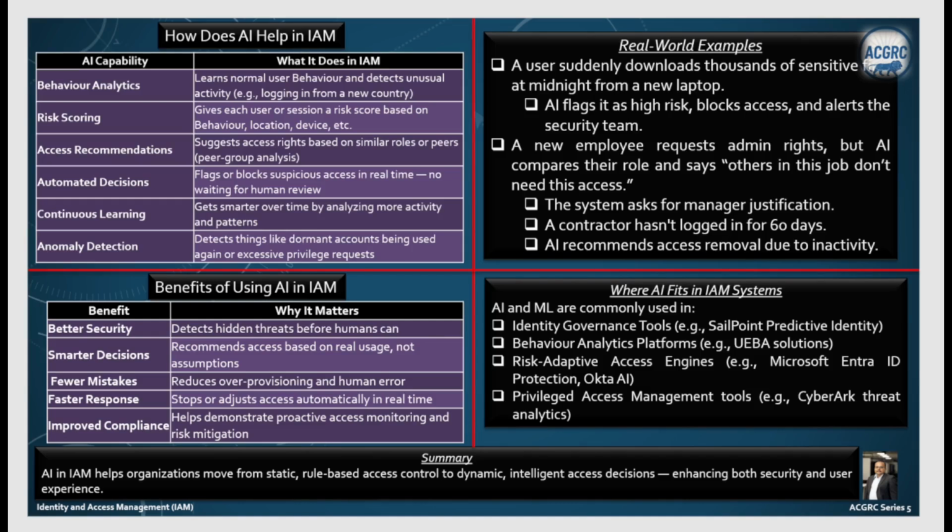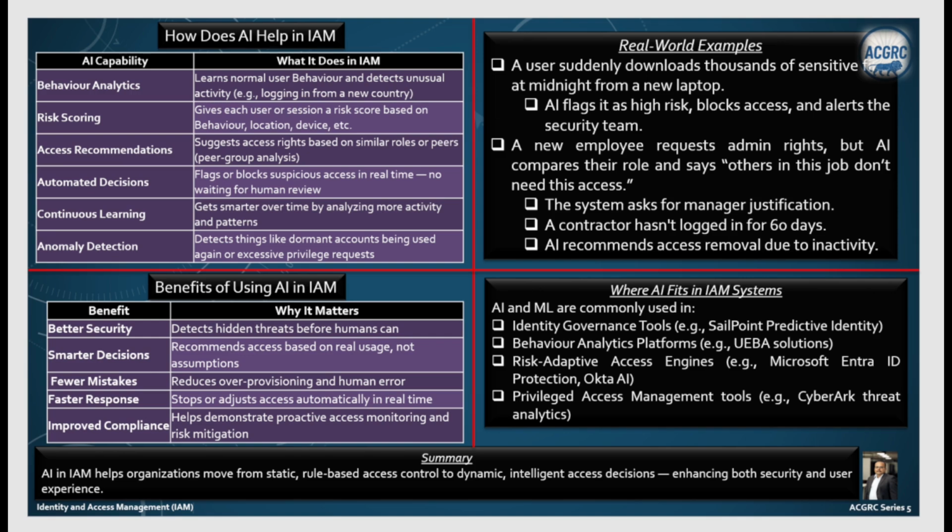Benefits of AI in IAM: detects hidden threats before humans can, recommends access based on real usage and not assumption, reduces over provisioning and human error, stops or adjusts access automatically in real time, helps demonstrate proactive access monitoring and risk mitigation. Where does AI fit in IAM systems?